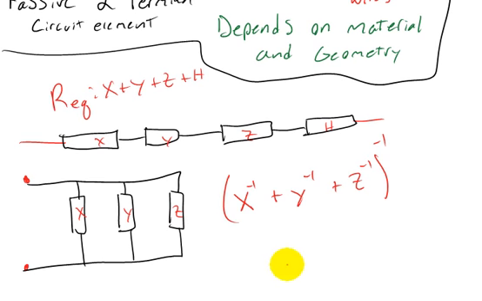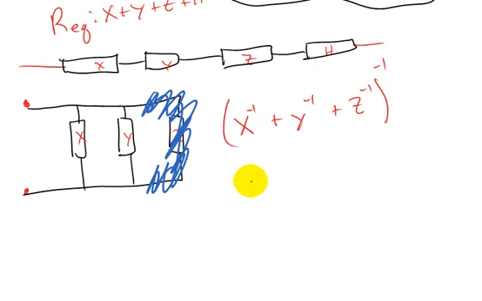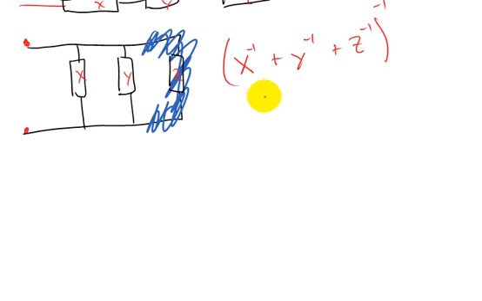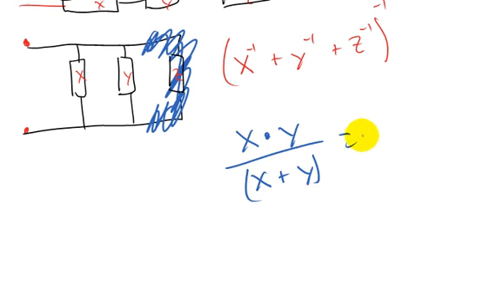There are shortcuts. If, for instance, you only had X and Y, forget about Z, a shortcut for this would be X times Y over X plus Y. And that would also equal your Req.